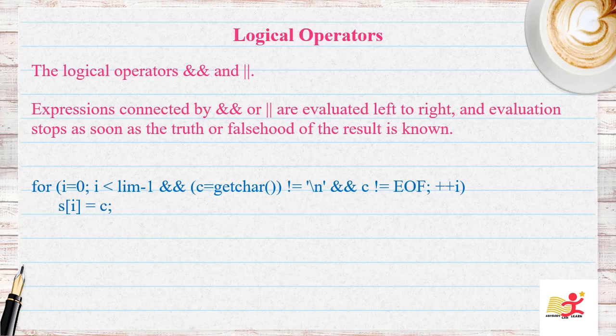Otherwise c will not be checked, because getchar should return the character to variable c, and then if it is not '\n', only then c != EOF will be checked. If that condition is not true, then the third condition will not be considered.